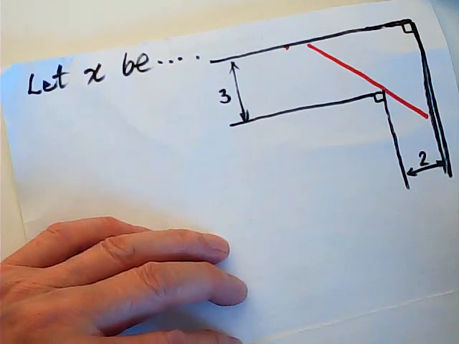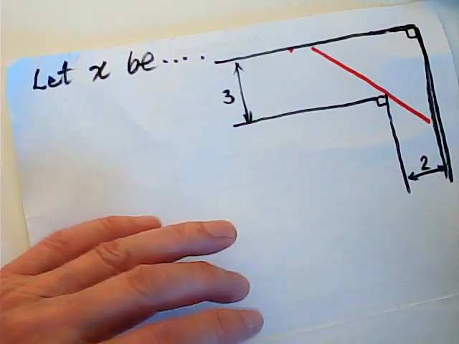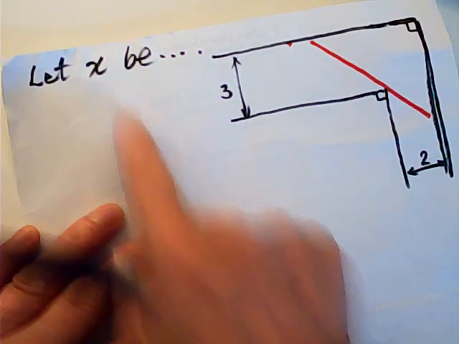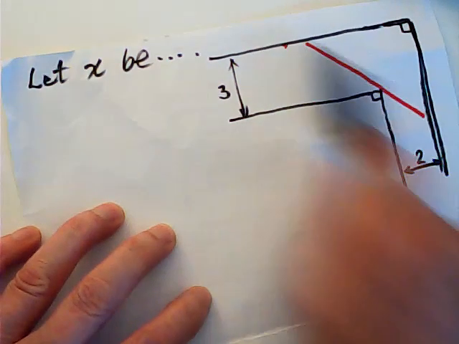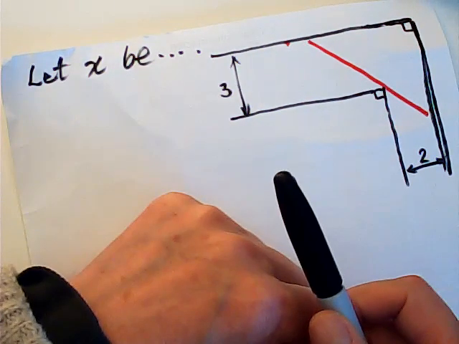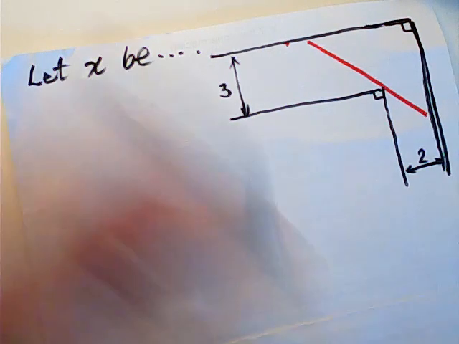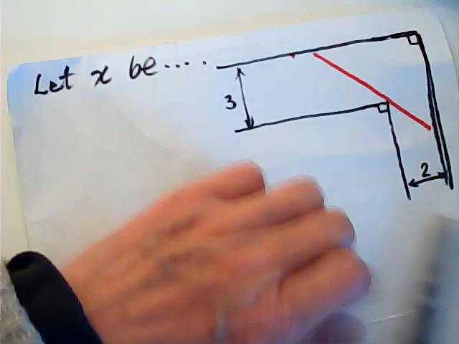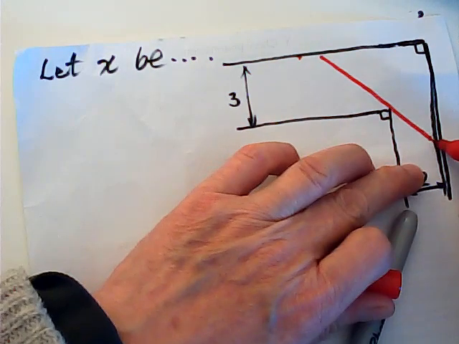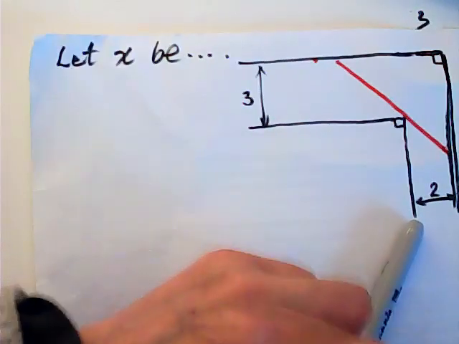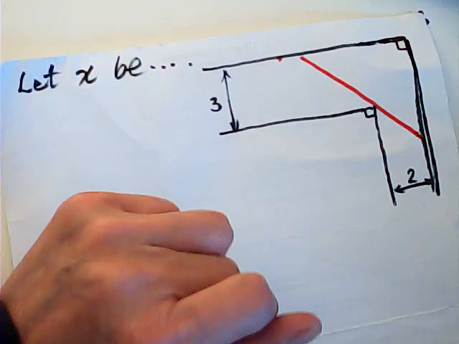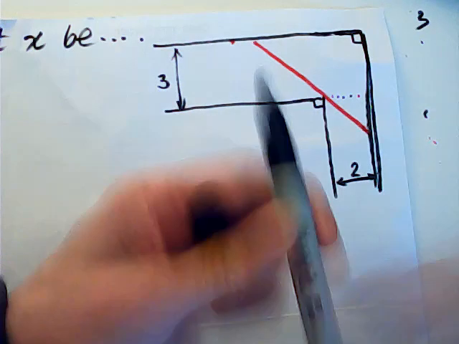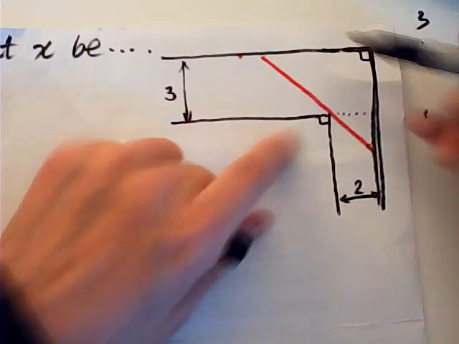Okay, may I start now? Now we're looking for a variable which determines the length X of the red line. The red line must touch this piece of wall, this piece of wall, and this point. So we can divide the line into two parts, right?